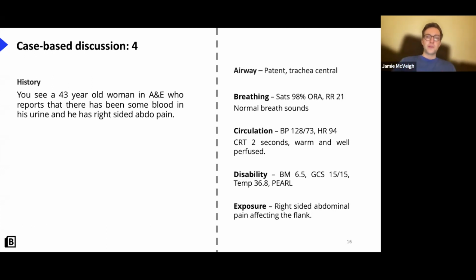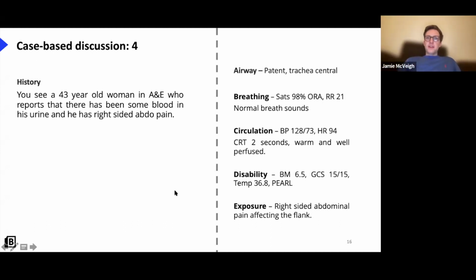And is that with or without contrast? Anyone? All gone quiet.